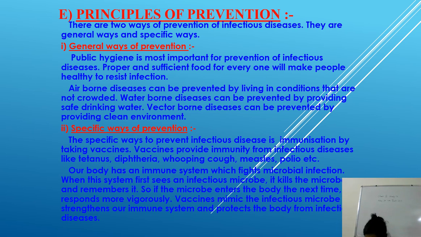This is what we studied in part 4, and I will give a brief summary. Health is a state of physical, mental and social well-being. Health of an individual depends upon his or her physical surroundings and economic status. Diseases are classified as acute and chronic depending on their duration, and disease may be due to infectious or non-infectious causes.